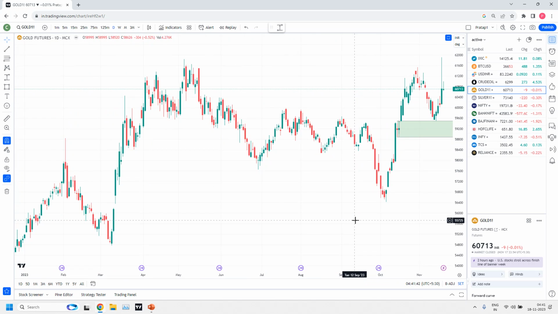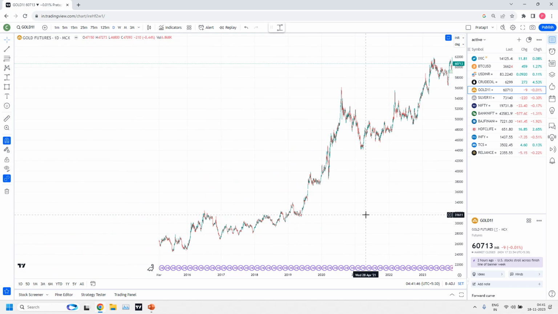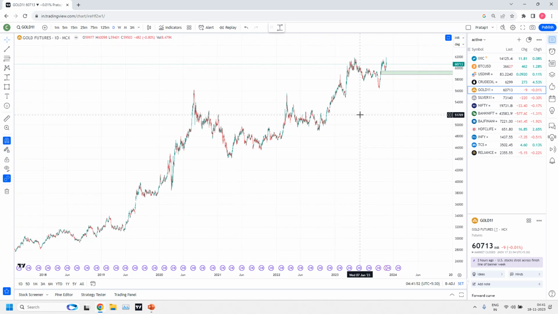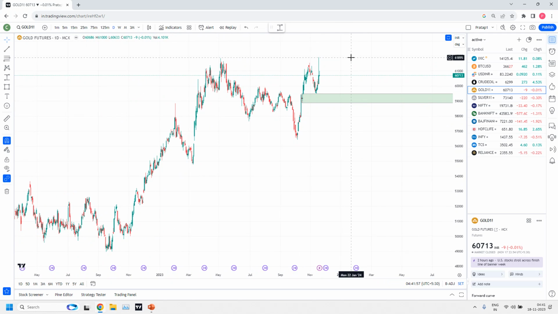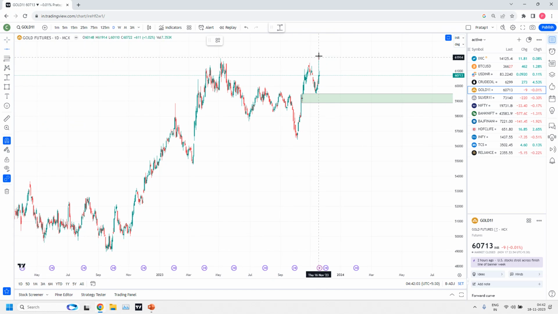But you should also observe here, if you look at this entire chart since 2015, this is the highest value. Let me draw a horizontal line. Now I am explaining one more concept to you here.